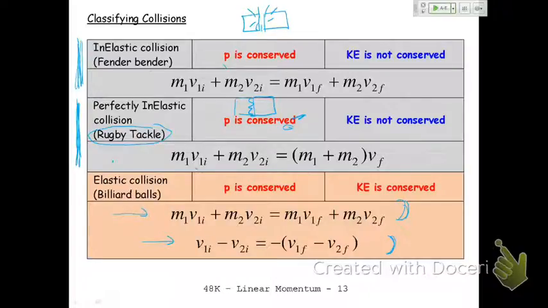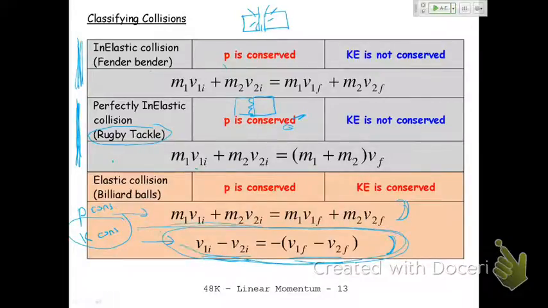And along came a teacher who said, "If we look at the way the velocities change throughout an elastic collision, then we can use that as our second equation." So although in an elastic collision our momentum is conserved and our kinetic energy is conserved, we morph our conservation of kinetic energy into this equation here, which makes life much easier.